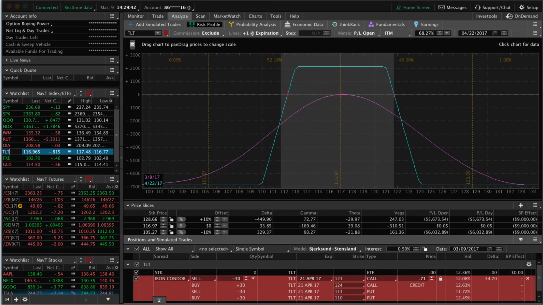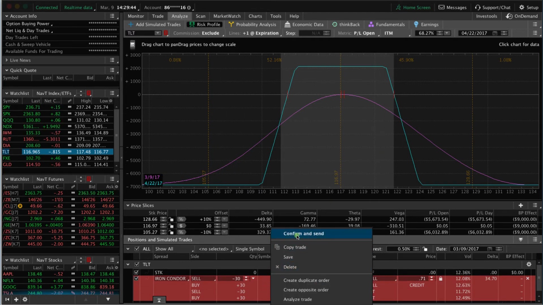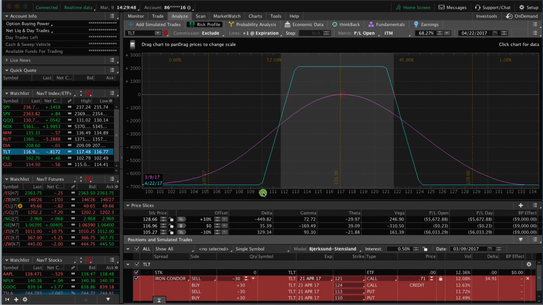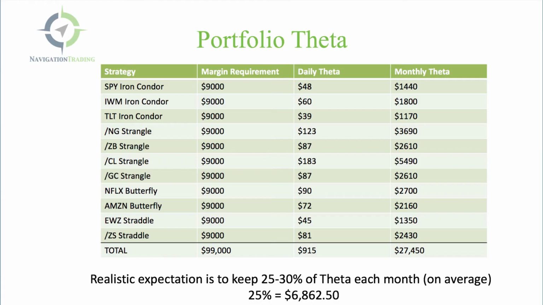So if we hover, confirm and send, it's right at 7,000, so a little bit under. The theta was 39 on the sheet. It was 39, yeah. So it took a little bit less capital. Again, some of these are a little bit over 9,000, some are under, but that theta number is what we're focusing on. So about $39 in theta.